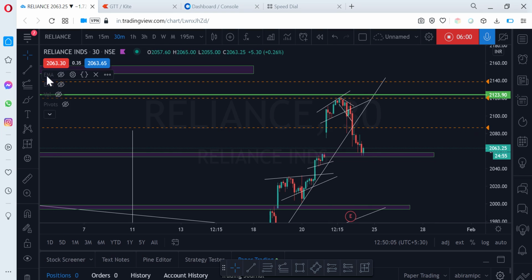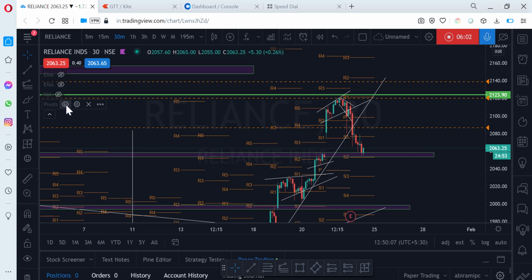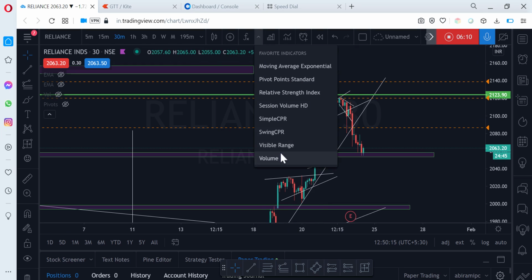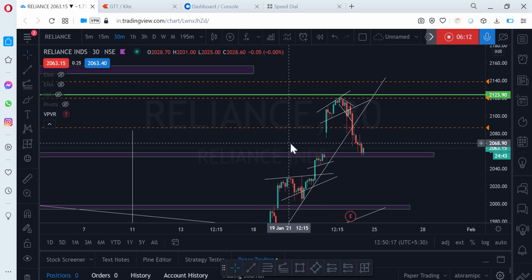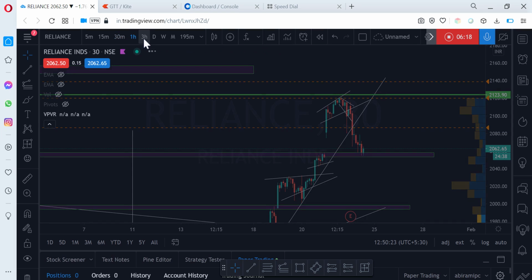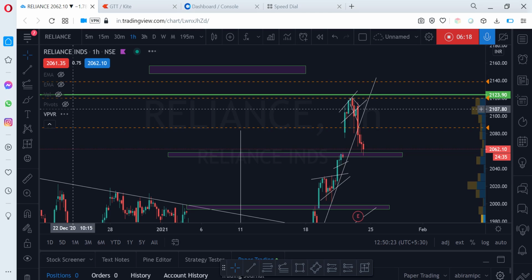So for trading, I use pivot and EMA for finding the trend, and volume, and I use this one, visible range. Okay, I'll show you with the confirmation of here.